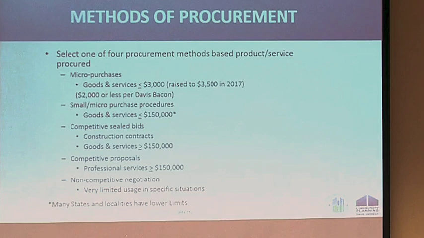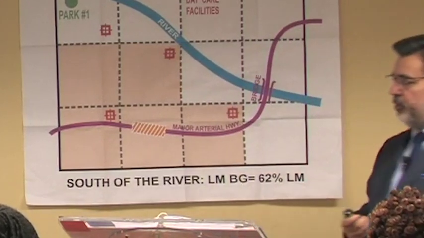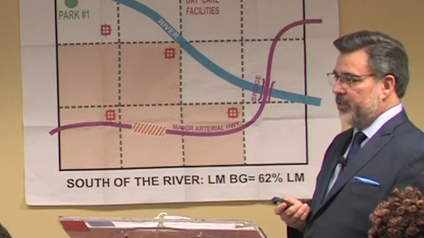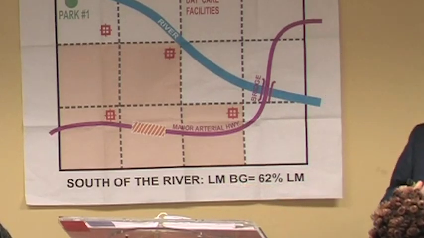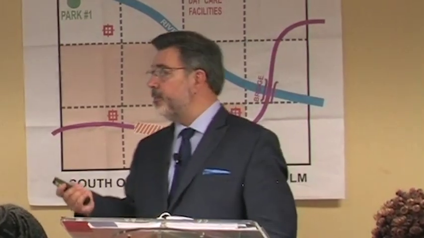Small purchase procedures allow you to get goods and services up to or less than $150,000. That's a recent change that took place, okay? Now, many states and localities have lower limits. In fact, I think everyone has lower limits than $150,000 for small purchase, okay?